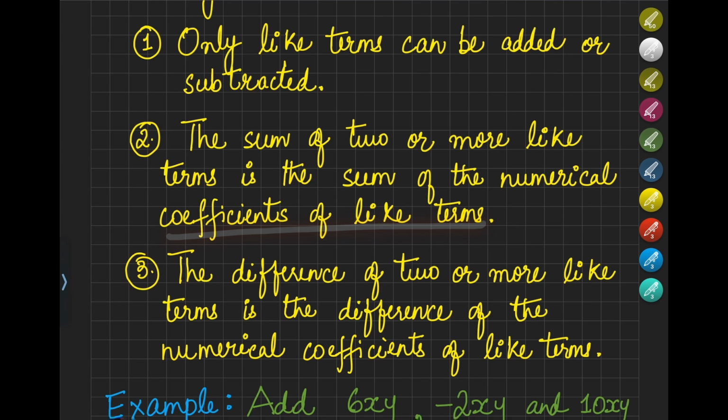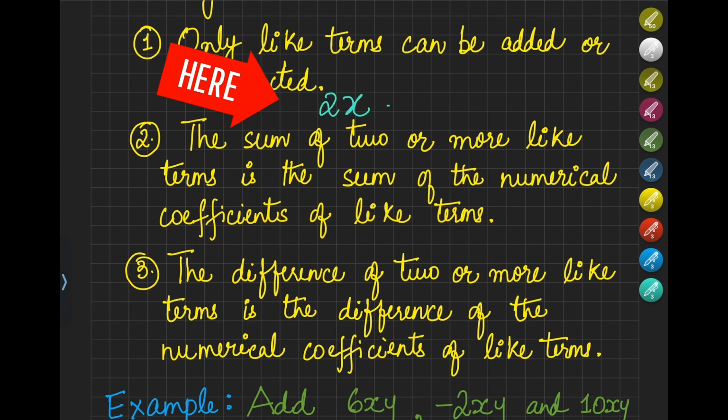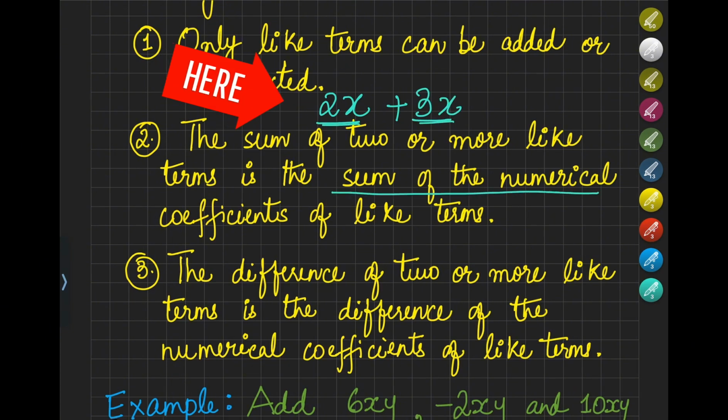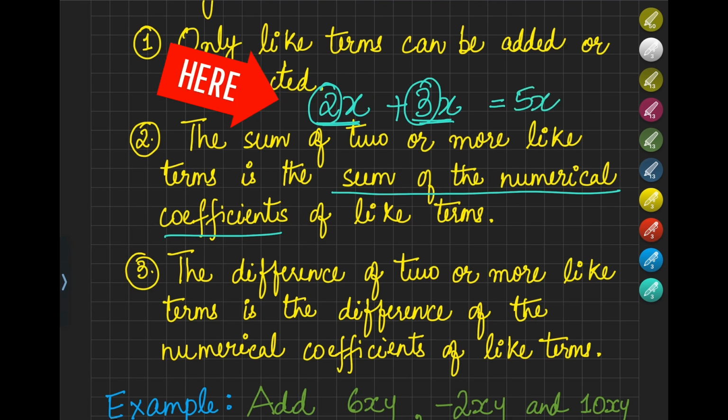Then the sum of two or more like terms is the sum of the numerical coefficients of like terms, which means what? If I have, for example, 2x plus 3x, they are like terms. So it is the sum of the numerical coefficients, that is 2 and 3, which is equal to 5x.